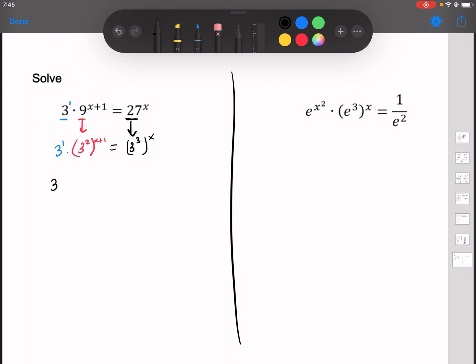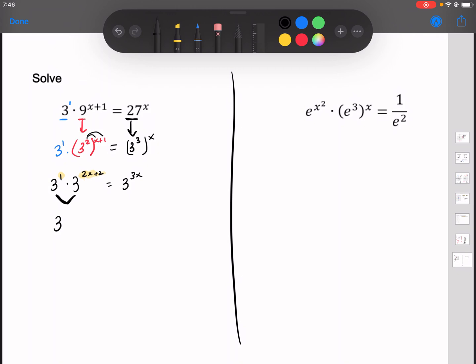So I have 3 to the first multiplied by, and we do need to multiply, so it's going to be 3 to the 2x plus 2, because that's the rule for that one, is equal to 3 to the 3x. Now before I drop the bases, I do have to make sure there's just one base per side. So this is where I'm going to use my little rule that when you have two of the same base that are multiplied together, you add the exponents.